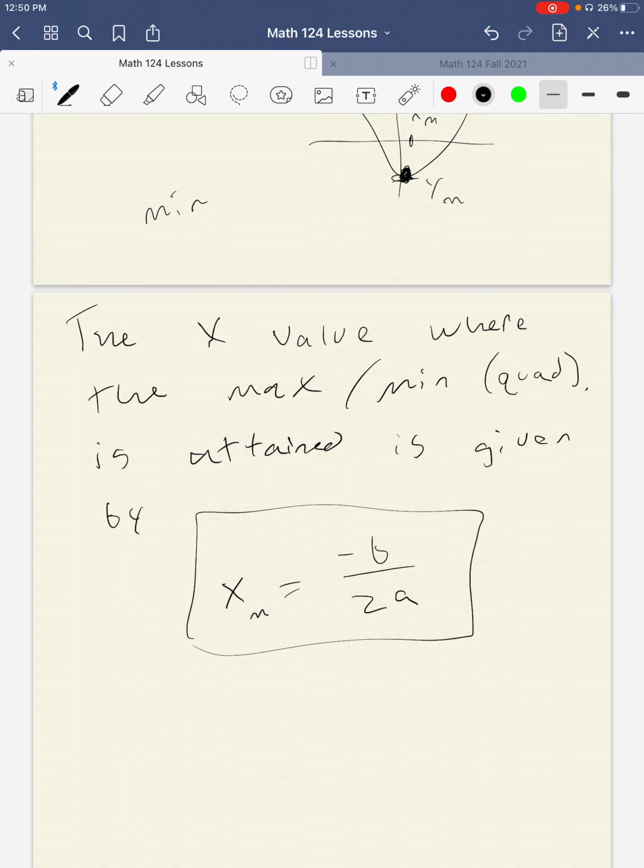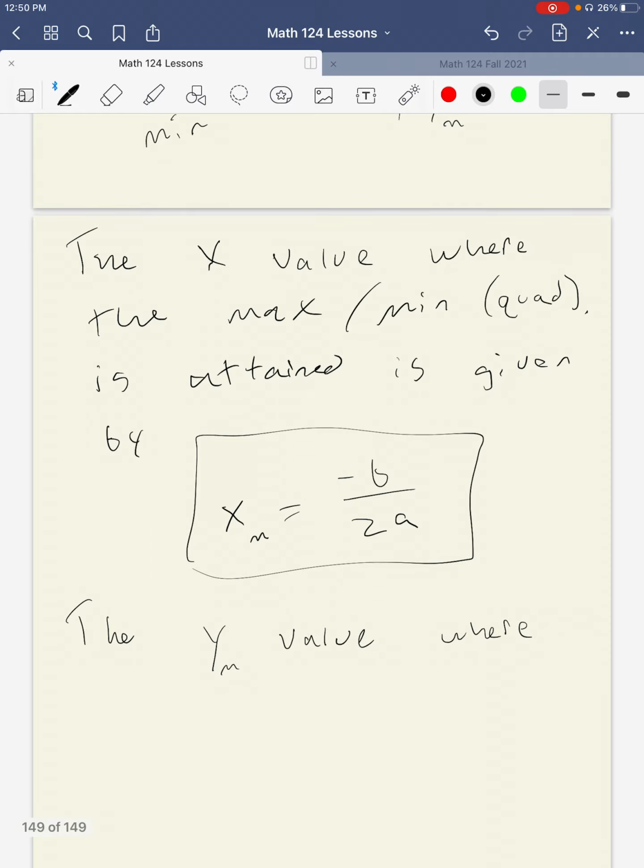And then to get the corresponding y value, the y value where the max or min is attained, which is called the max or min. So the y value is called the max or the min, depending if a is positive or negative, is found by plugging the x value in.